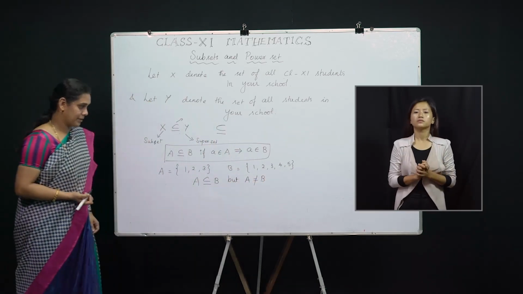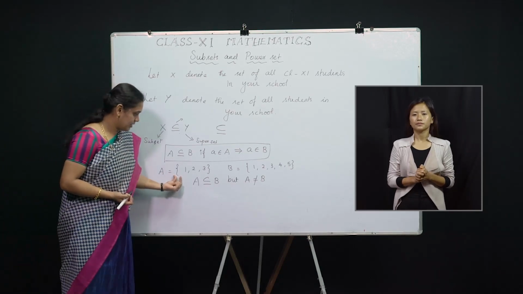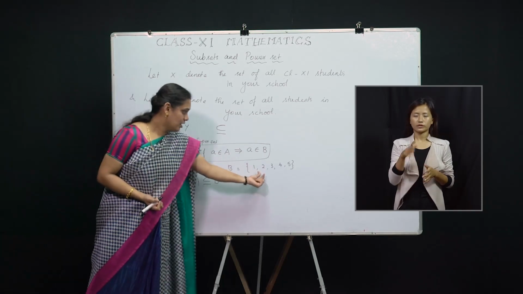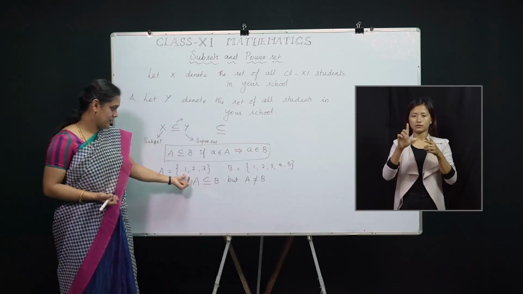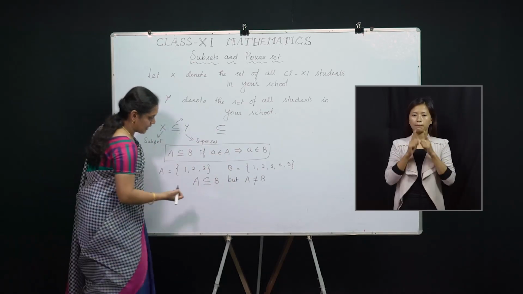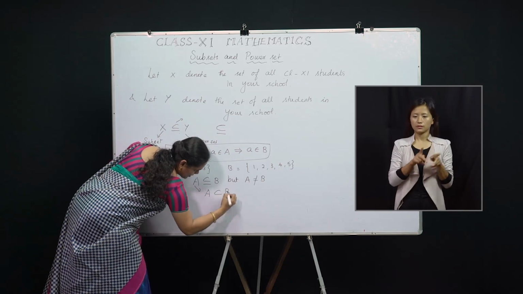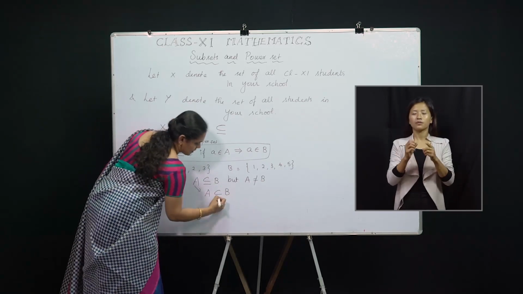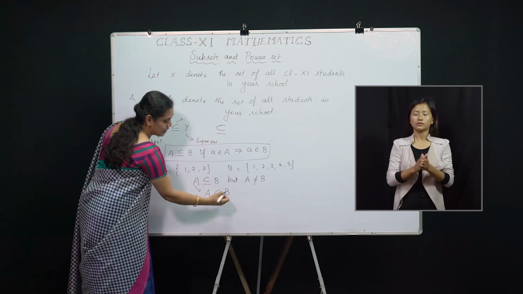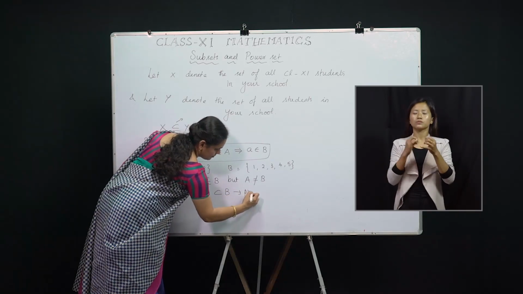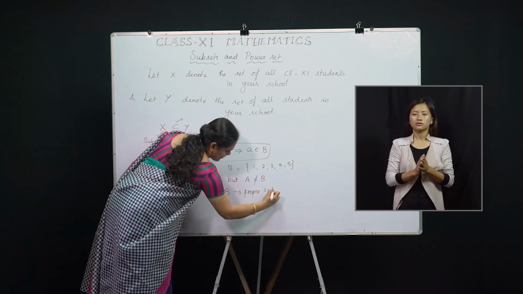It doesn't have exactly the same elements as B. But it is a subset. In this case, we can say that A is a proper subset of B. Okay, proper subset. If you don't put that line, we call it a proper subset.